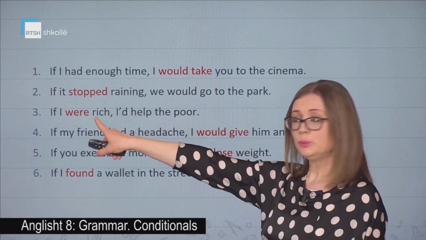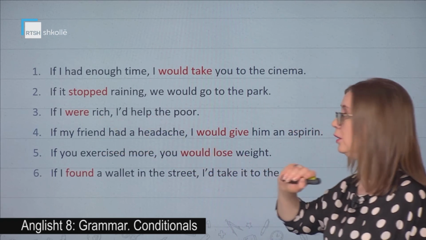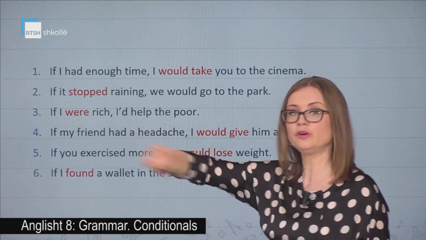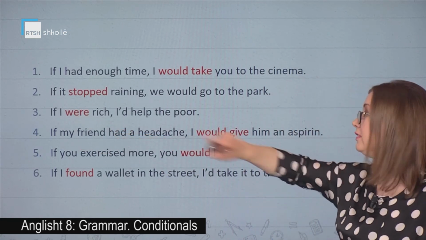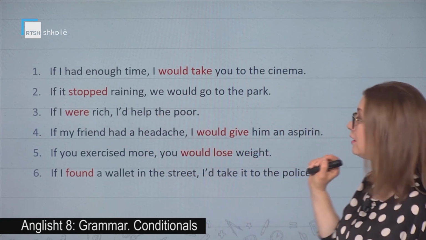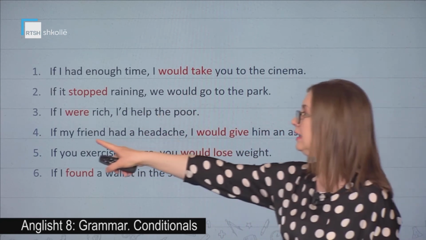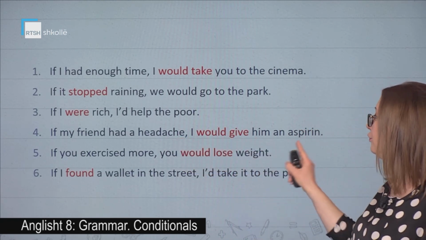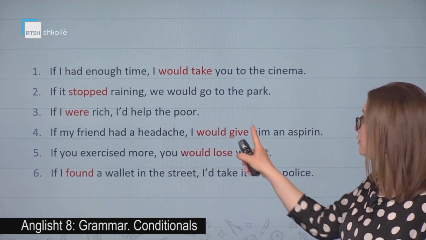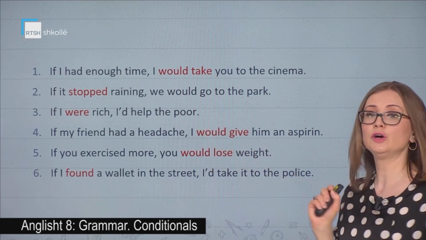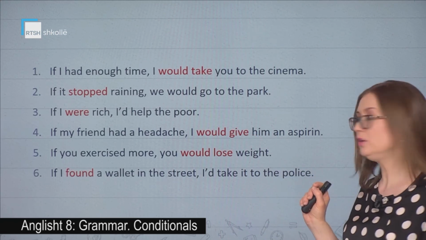If I were rich, I would help the poor. We have the if clause and we have the verb to be. As we said, we use were instead of was. Do you remember the explanation before? If my friend had a headache, I would give him an aspirin. So we have the main part of the clause and we have would plus give, would give.